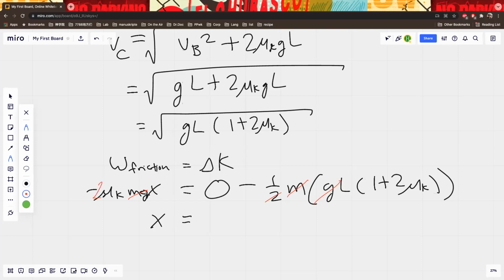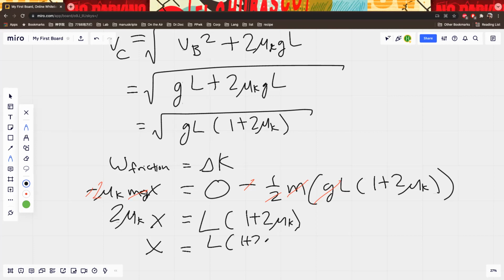We put a 2 there. So we'll have 2 mu k x equals, we can cancel out the negative as well. So now we have L times 1 plus 2 mu k. And then after that, I guess we just divide.